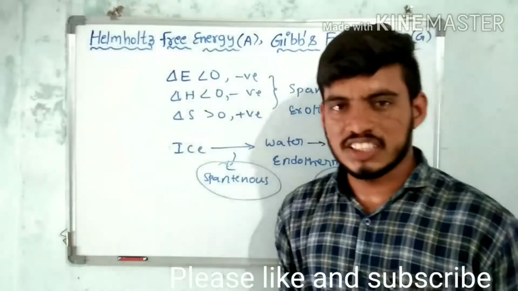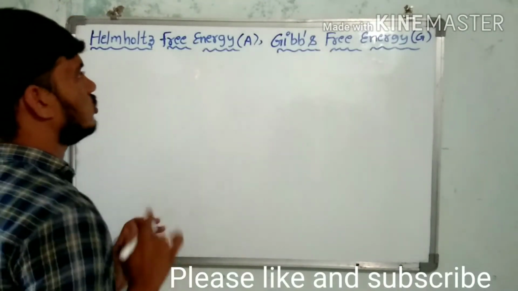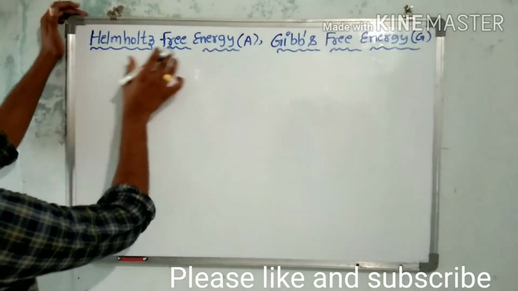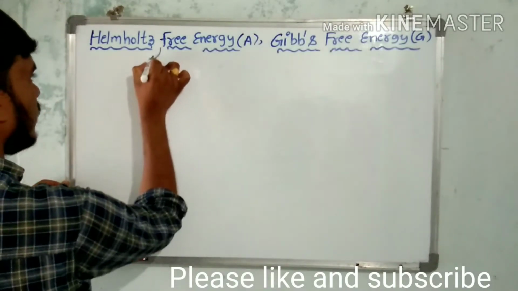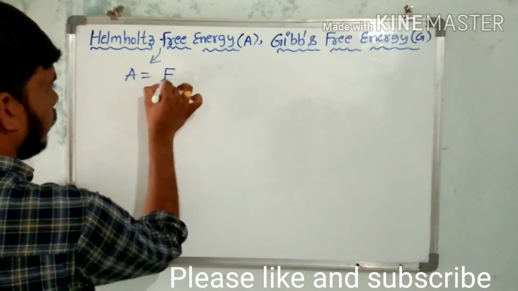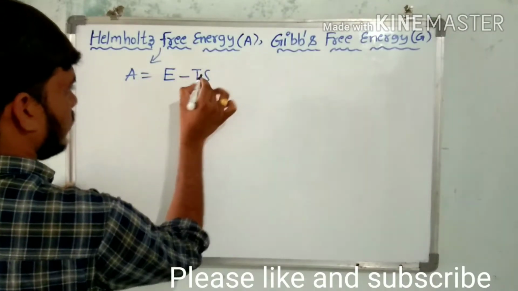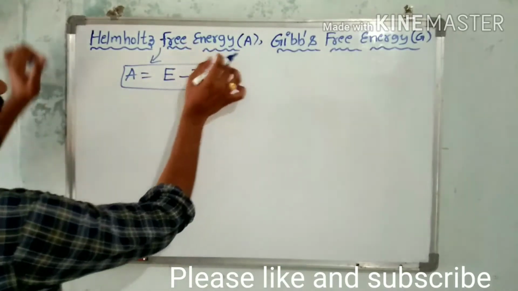Now let us start this section. See this board. First of all, I am going to explain the Helmholtz free energy. Helmholtz free energy is A is equal to E minus TS. This is the Helmholtz free energy or work function.